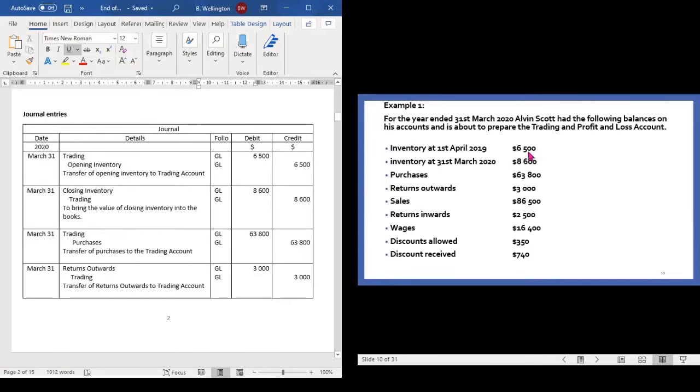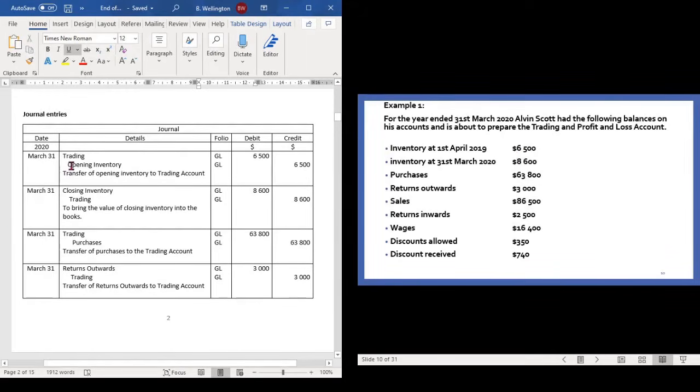So in order to transfer it to your trading account, you're going to enter a corresponding credit entry on that account because there's a debit balance on it. So to transfer it, to move it out of the account, you're going to place the entry on the opposite side. That would be a credit entry in the opening inventory account.